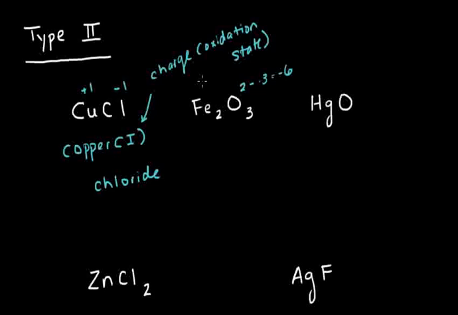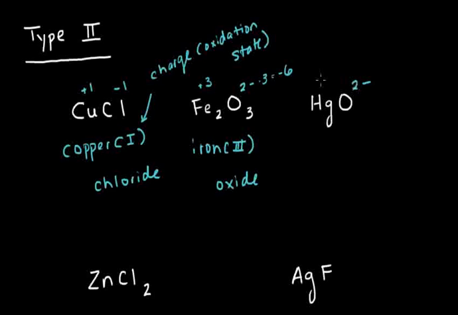There are 2 irons here, so that means each iron must have a charge of +3. So this is equal to iron(III) oxide. Iron(III) oxide. Similarly here, mercury, even though it's not solid at room temperature, it's still a metal, it's still a transition metal. Oxygen, again, has a charge of 2 minus.